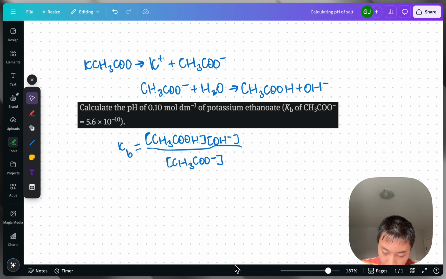And now let's form the ICE box. So initial concentration of CH3COO⁻ is 0.1 mole. That makes sense.